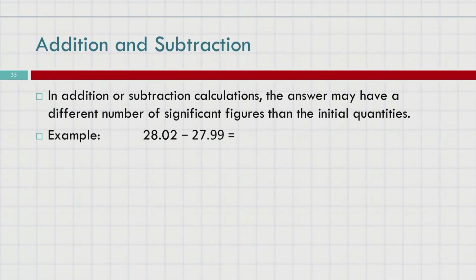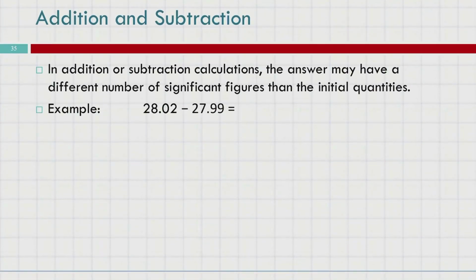Another thing that can happen in addition and subtraction is that we might end up with a very different number of significant figures once we're done with the calculation. That can also trip people up. So 28.02 minus 27.99. We're doing addition and subtraction, so we care about decimal places.